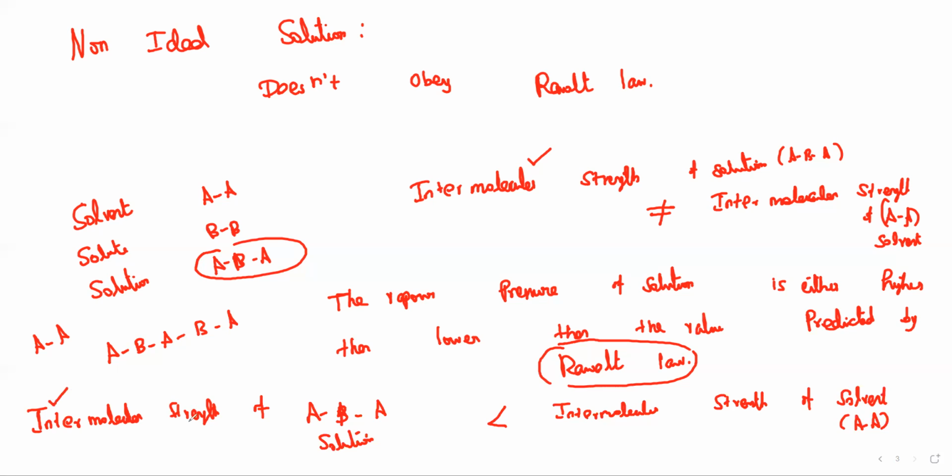If the intermolecular strength is reduced, then what will happen? The solute or solvent can't withstand the bond, right? Because the bond only keeps the component in liquid form. Because of the bond strength only, the component, either A or B, exists in the form of liquid.